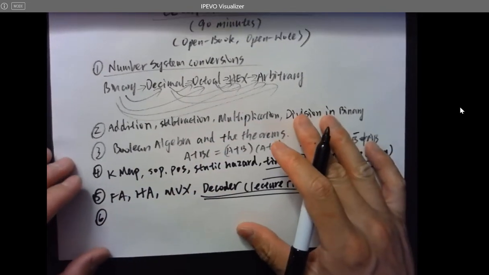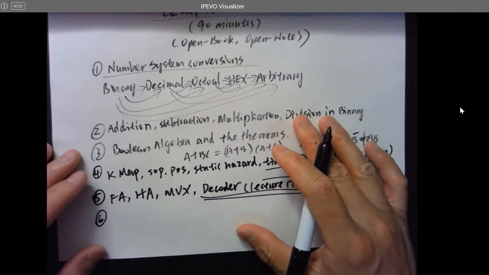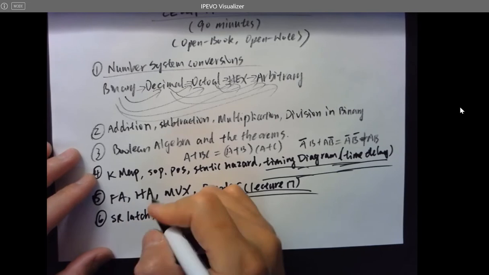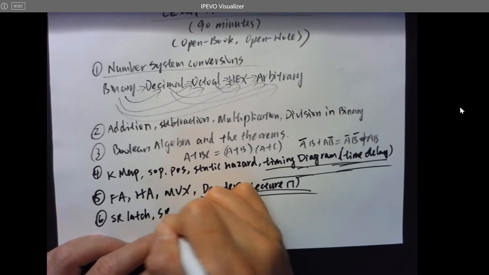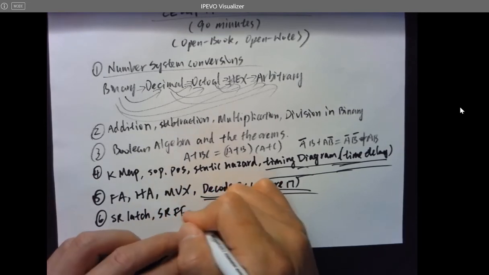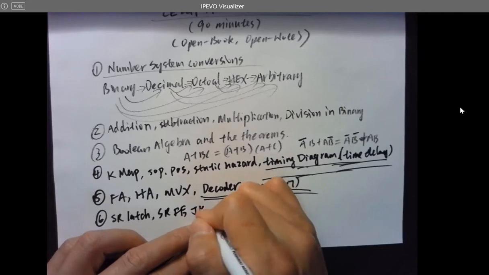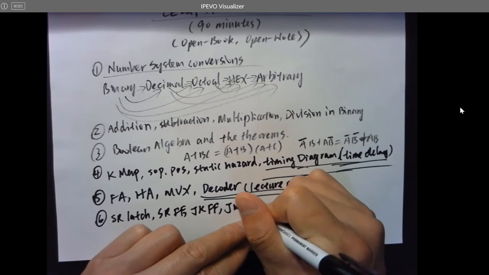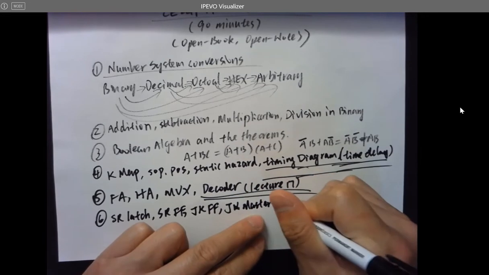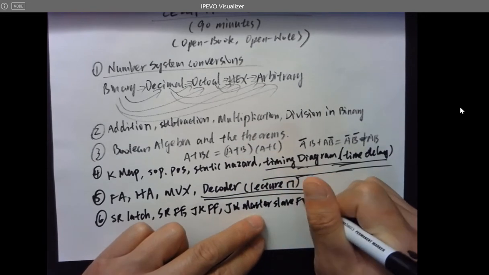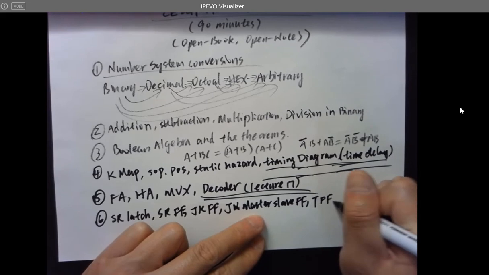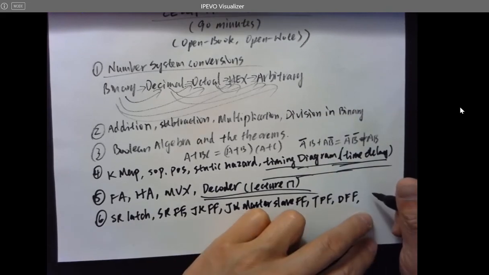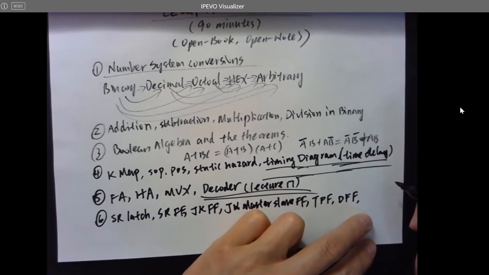Number 6, sequential logic: SR latch, SR flip flop, JK flip flop, JK master slave flip flop, T flip flop, D flip flop, and all these different types of flip flops.